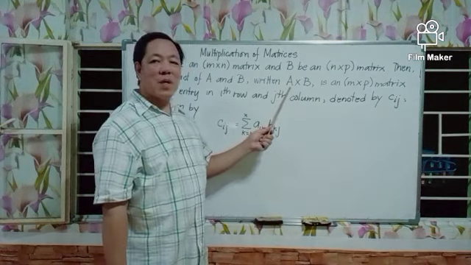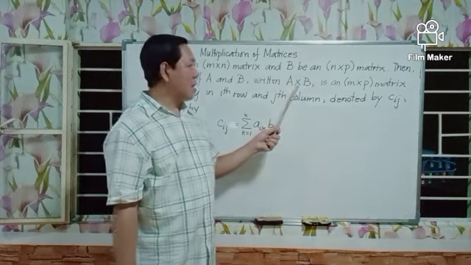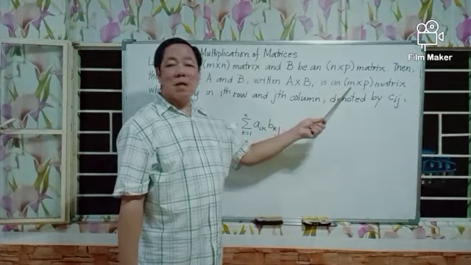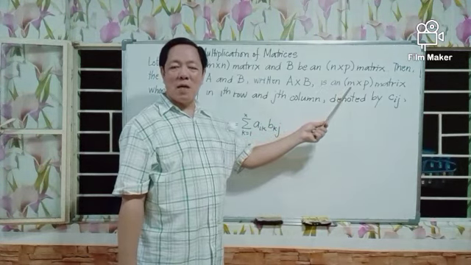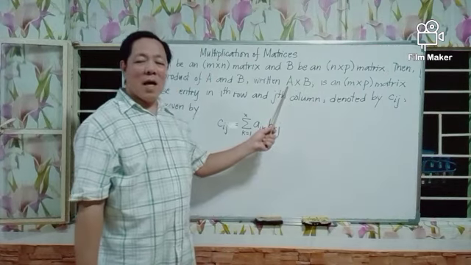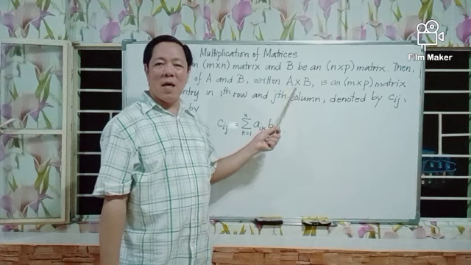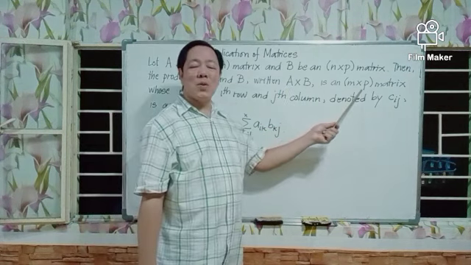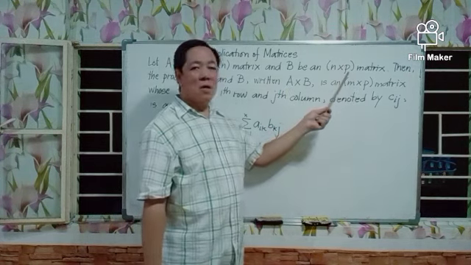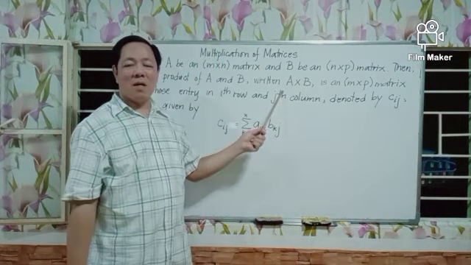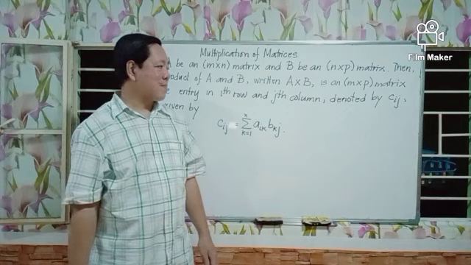That is, the number of rows in the product of matrices A and B is the number of rows in the first matrix A, and the number of columns in the product is equal to the number of columns of the second matrix B.